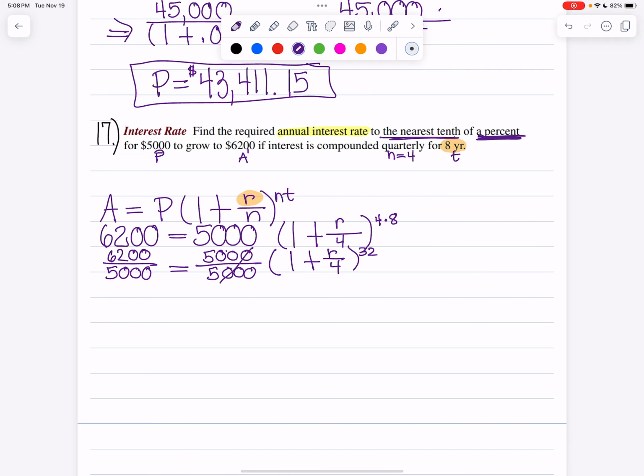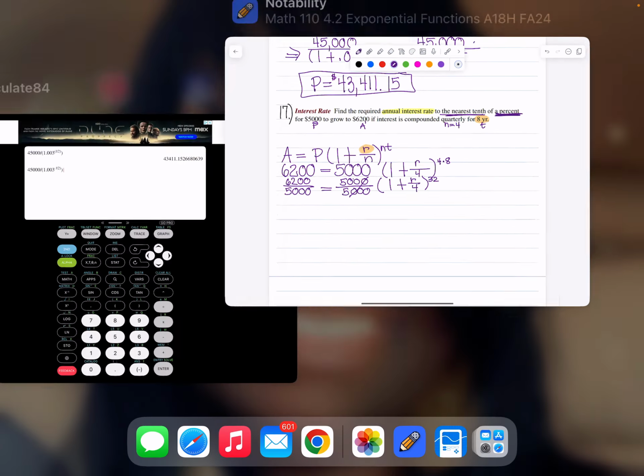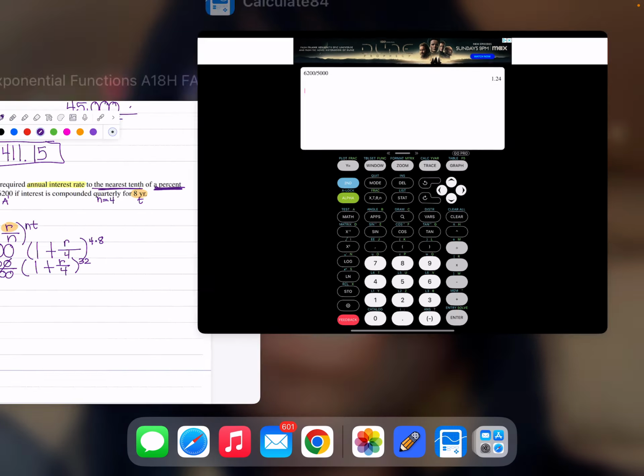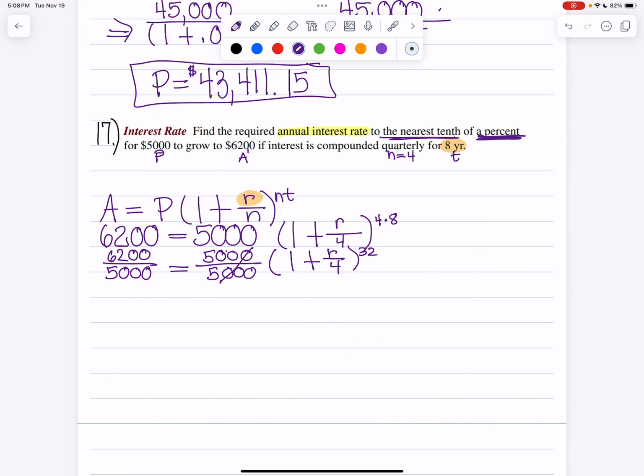And now this cancels out. Let's figure out what 6,200 divided by 5,000 gives us. 1.24. Y'all see that? So look, we get 1.24 here. That's what it gives us, equals 1 plus, let me put the parentheses, R over 4 raised to the 32.